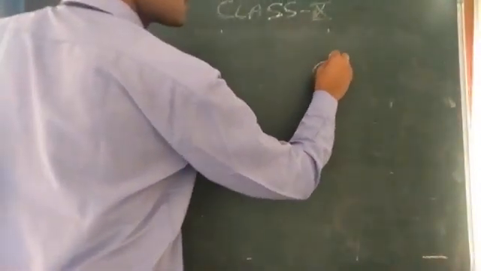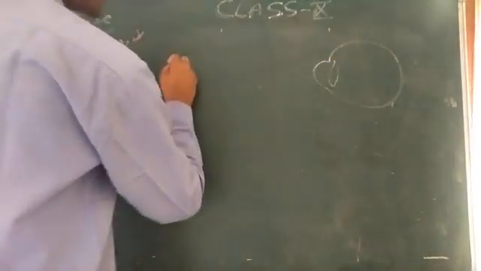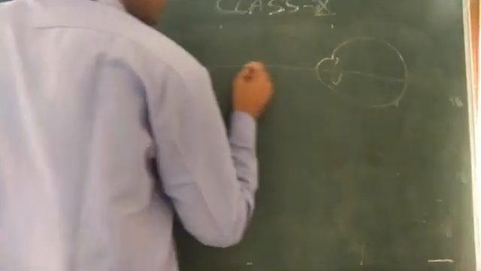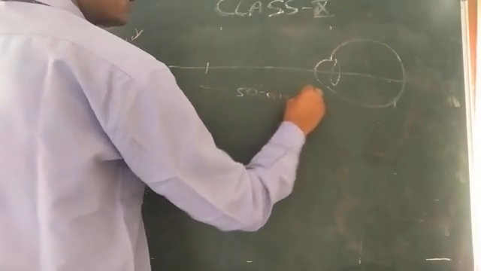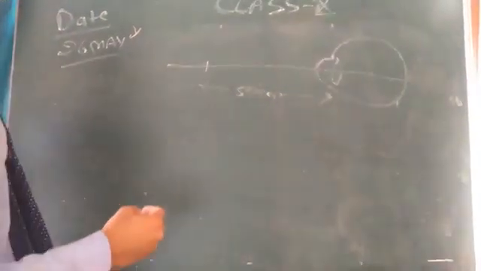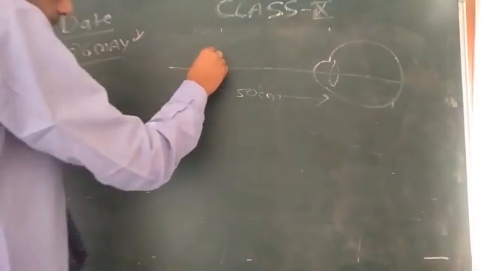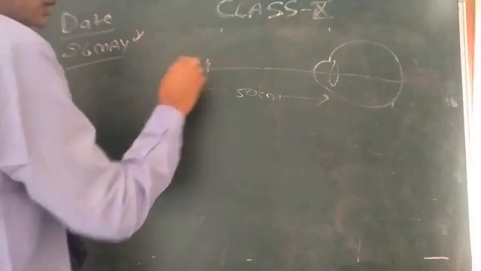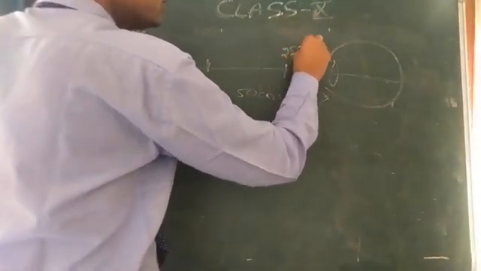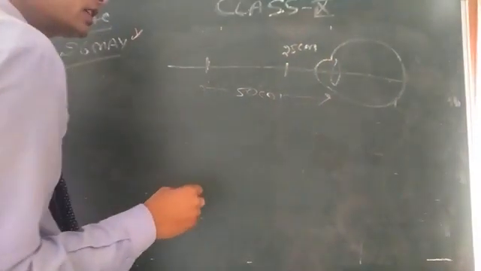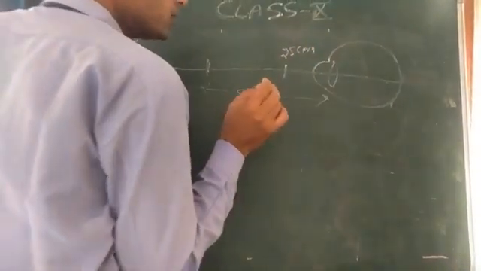Let this be the myopic eye and the far point is 50 centimeter. It means this myopic eye can see till this point, 50 centimeter. As you know, this distance of 25 centimeter is the near point for a normal eye, but this is a myopic eye.